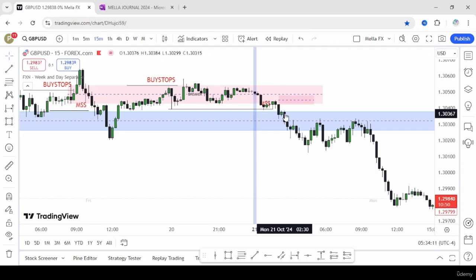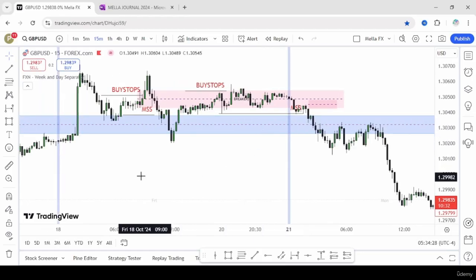Sometimes that is the result of the breaker; it may not be perfect. So don't expect perfection on the retest. That allowance of between 1 to 2 pips on the retest is where sometimes you may miss, and it's not good for you to miss and then be waiting for a whole day, a whole week, because you can see that the market closed on Friday.